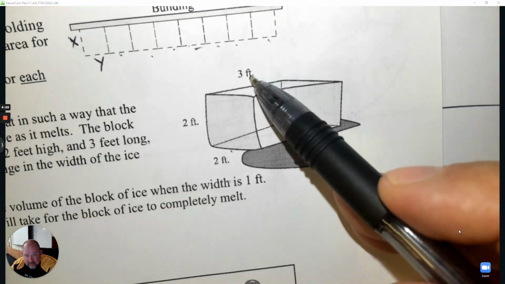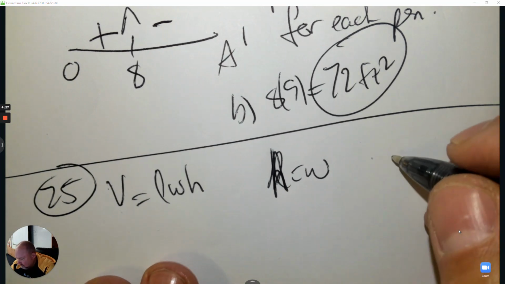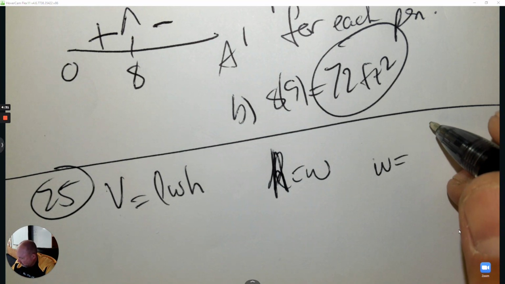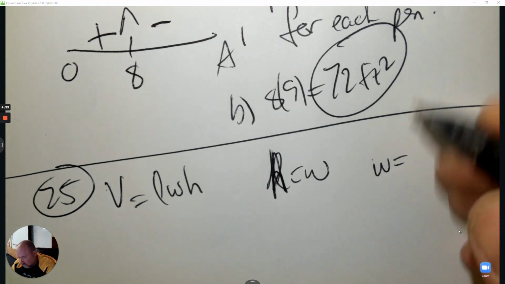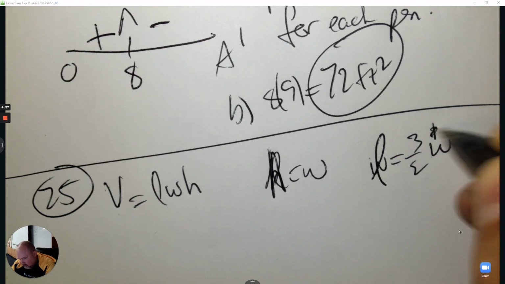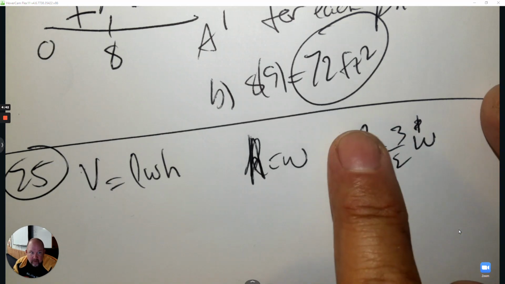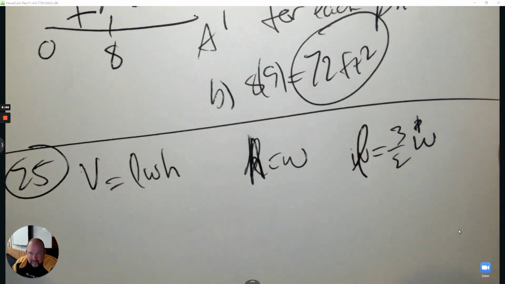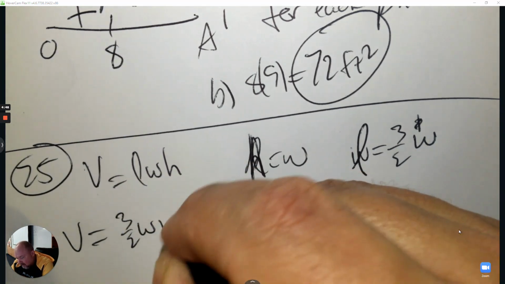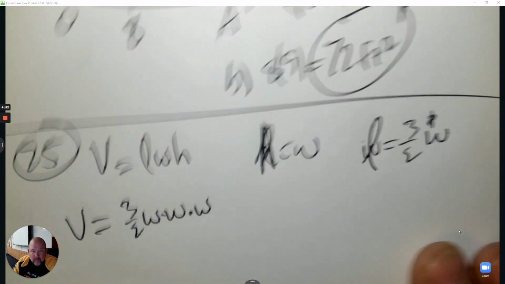The width and the length, that's 3 over 2 in terms of ratio. So if I know the width, I can go times 3 over 2 and get the length. And now I have one variable. So length is 3 over 2 W, and the height and the width are the same. So now we have one variable.